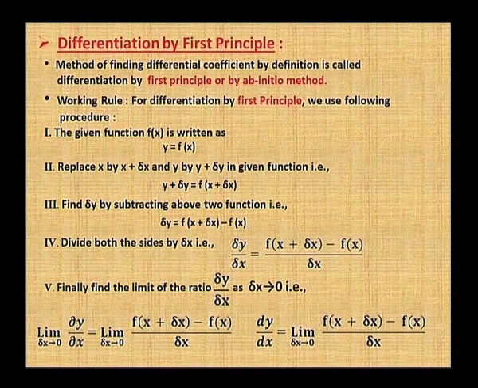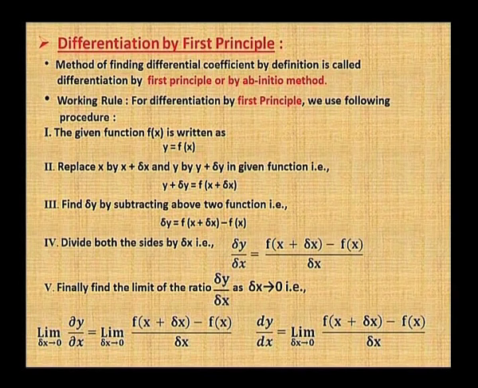Working rule for differentiation by first principle: we use the following procedure. First, the given function f(x) is written as y equals f(x). Replace x by x plus delta x, where delta x is a small increment, and y by y plus delta y in the given function, that is y plus delta y equals f(x plus delta x).